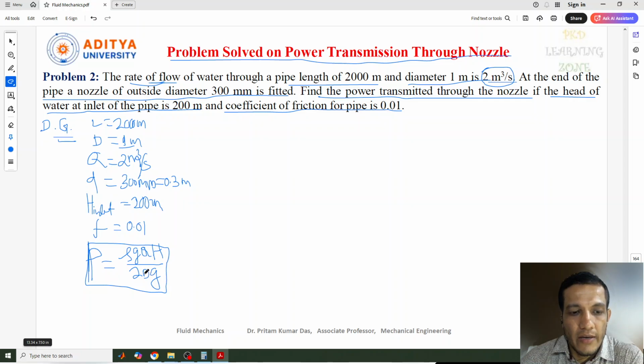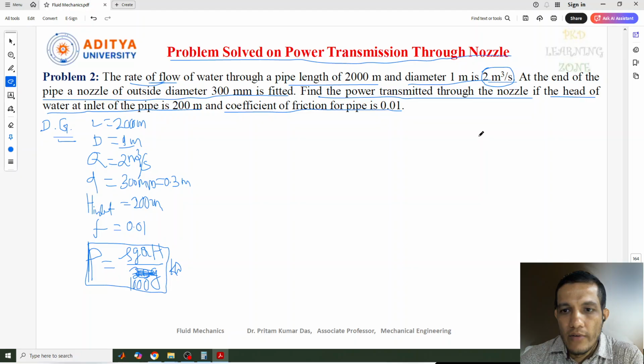The 2dg will not be there here. This is not a 2dg. Since we are talking about power, it is in kilowatt. Anyway, now let's find out.